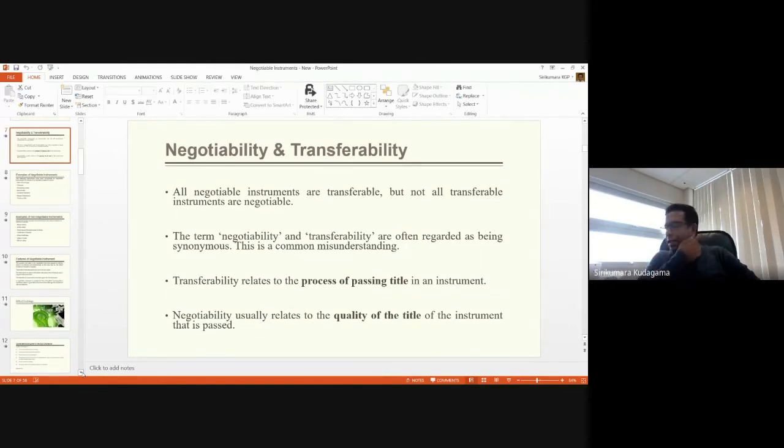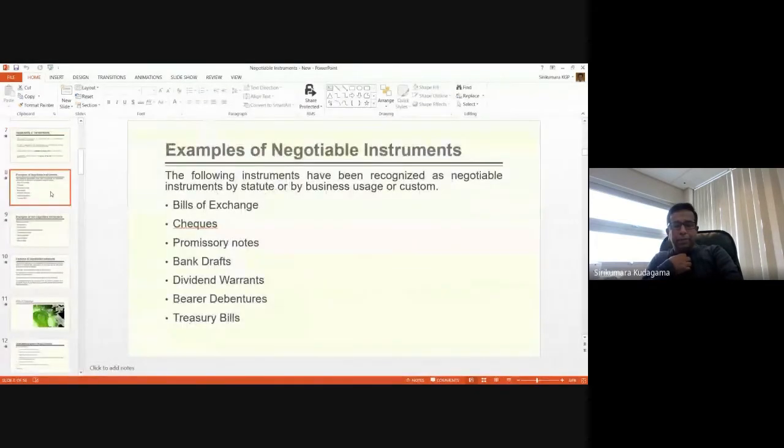You see the third bullet point here: transferability relates to the process of passing title in an instrument. Negotiability usually relates to the quality of the title of the instrument that is passed. We'll come to the checks and other instruments and we'll discuss how that distinction is made.